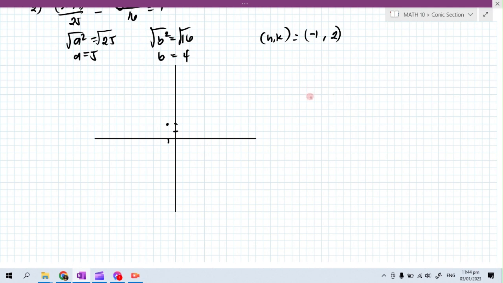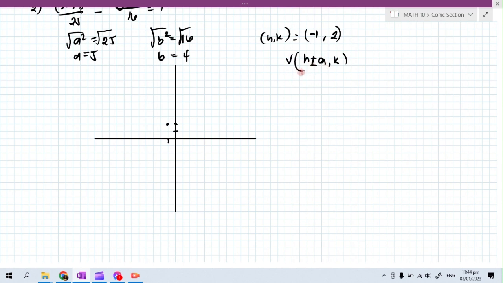Then, to find the vertices, we need to use this formula, h plus minus a, k. We will use this since our a lies on the x-axis.